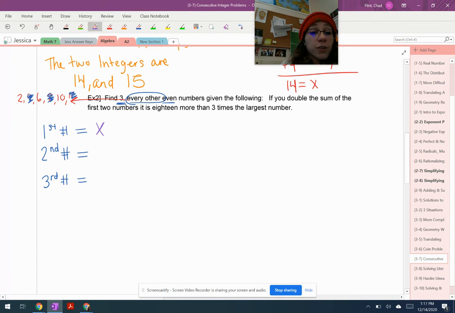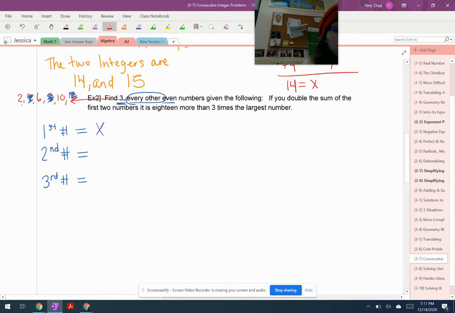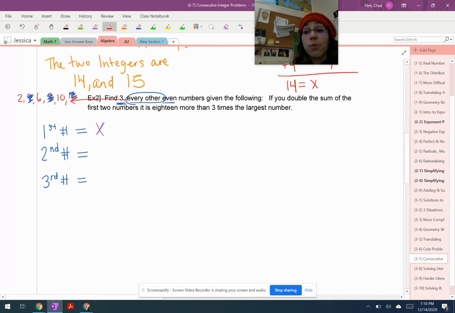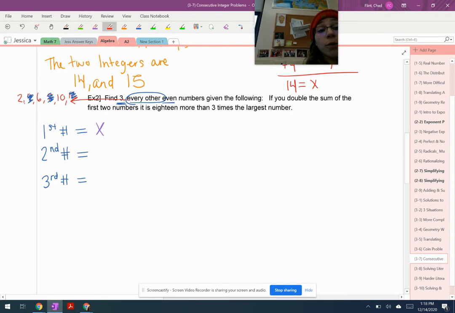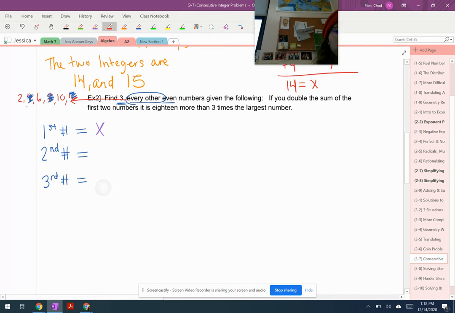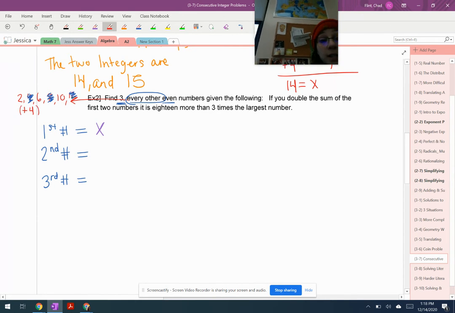Okay, so if my first number is like 2, what do I need to do to 2 to get to 6? Or what do I need to do to x to get to the, not the next even number, but the skipping an even next even number? That made no sense. So focusing on what do I do to 2 to get to 6? Well, 2 plus 4 gets me to 6.